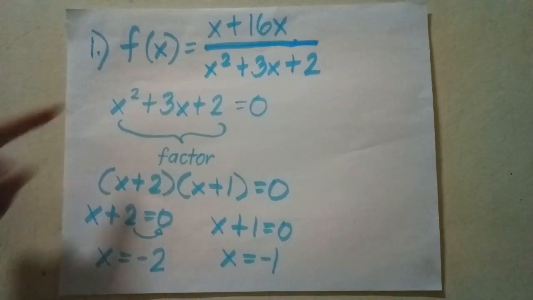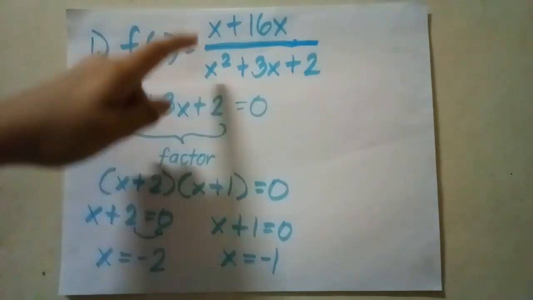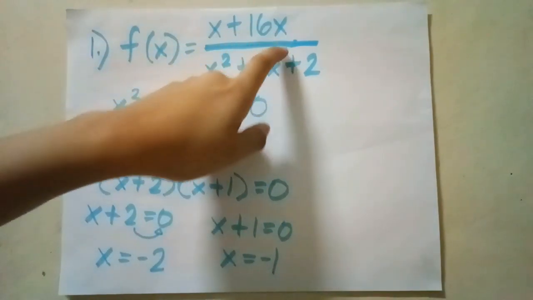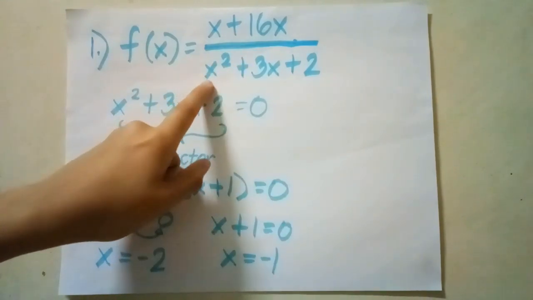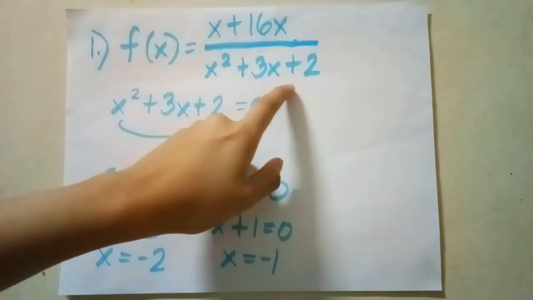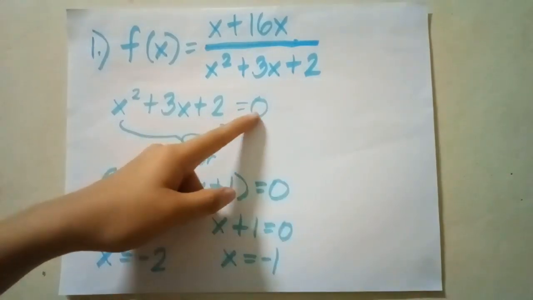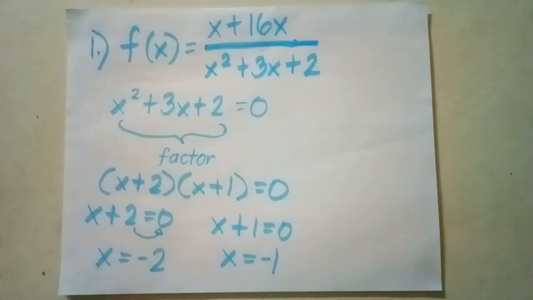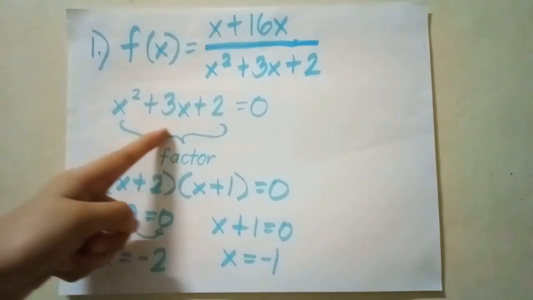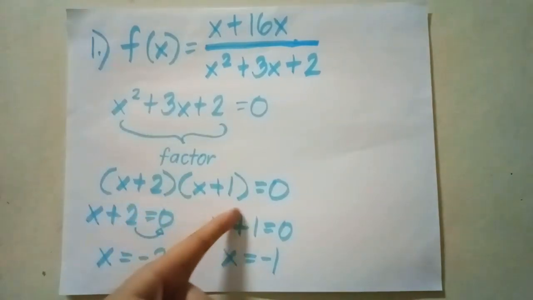First example, f of x is equal to 16x all over x squared plus 3x plus 2. First, let's find the vertical asymptotes. Like what we explained earlier, we need to set the denominator equal to 0. To find that, we will use trial and error. We factor this expression.